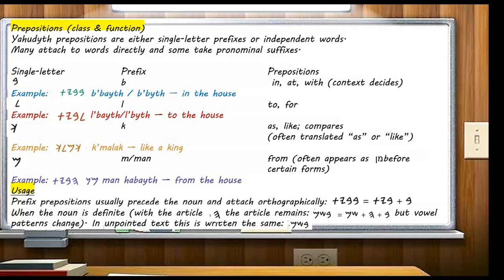For the example of to house or for the house, you would have the lamad, so l. So you would have labith or labaith, so to the house or for the house, depending on the context.